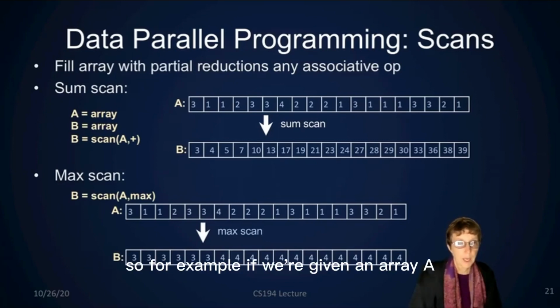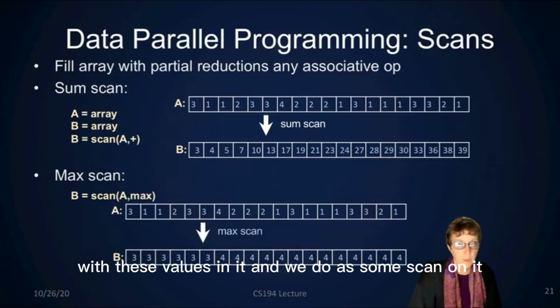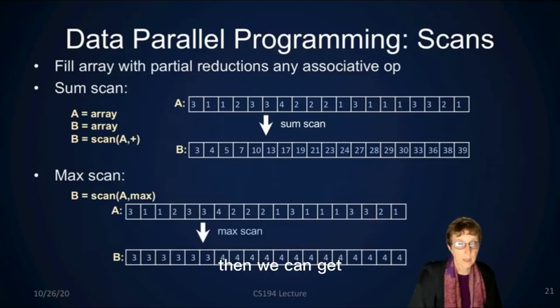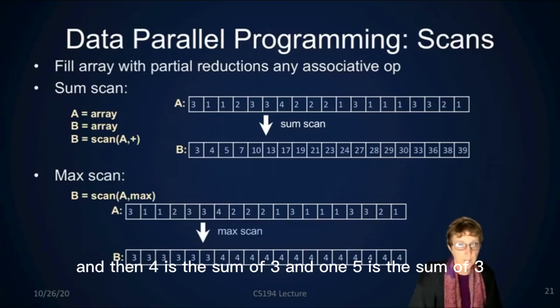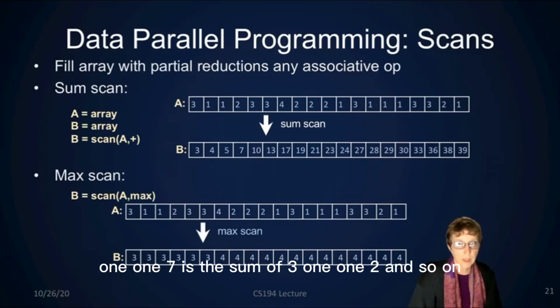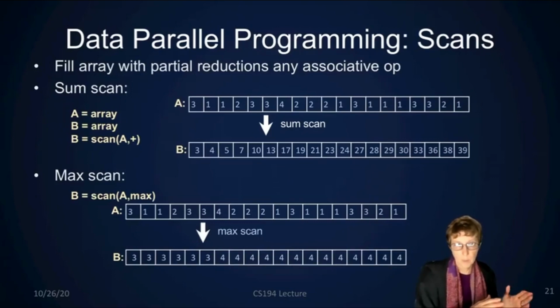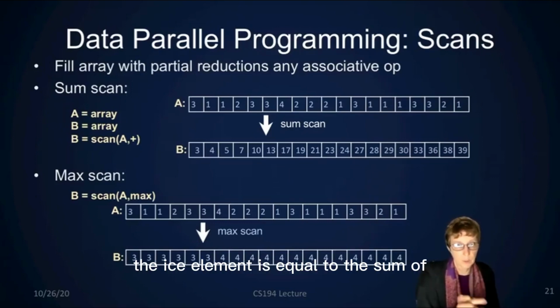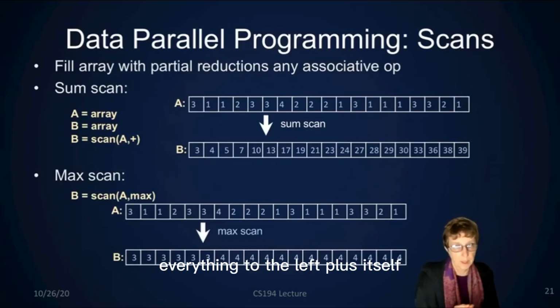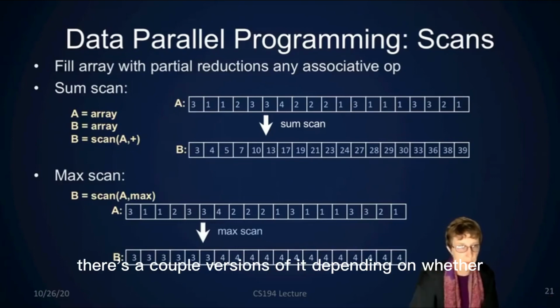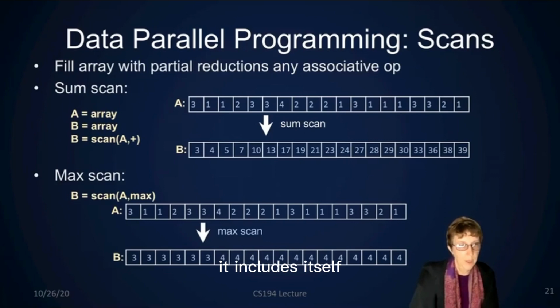For example, if we're given an array A with these values in it, and we do a sum scan on it, we get 3 is the sum of just the first element, and then 4 is the sum of 3 and 1, 5 is the sum of 3, 1, 1, 7 is the sum of 3, 1, 1, 2, and so on. So that's what we get in a sum scan: the ith element is equal to the sum of everything to the left plus itself. There's a couple of versions of it depending on whether it includes itself.